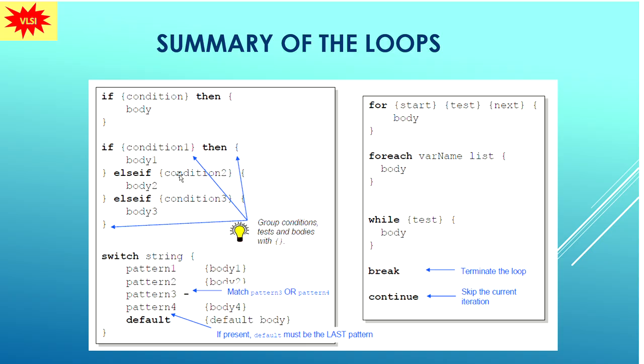Else, if the state is active, then some commands, and if the state is power down, then some commands in body 3. So I hope this gave you an idea of grouping of conditions in one condition, and how it is different from the other two conditions.